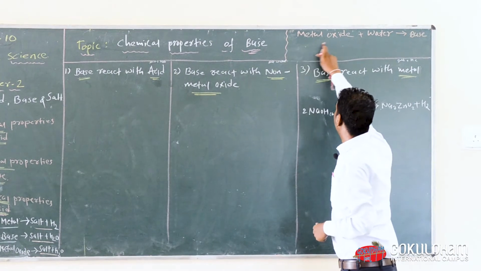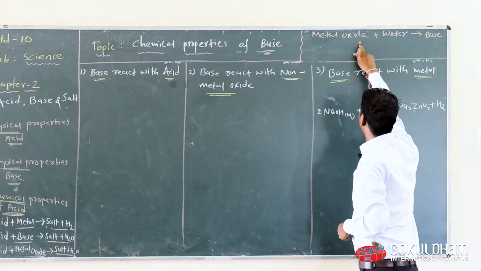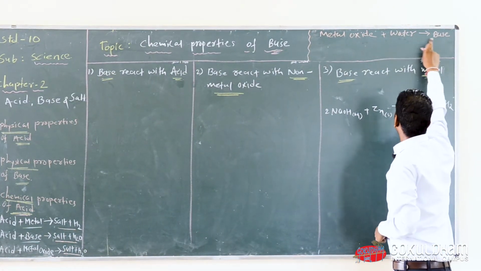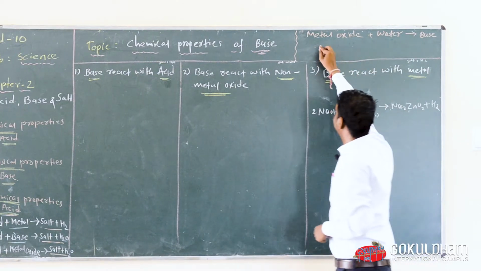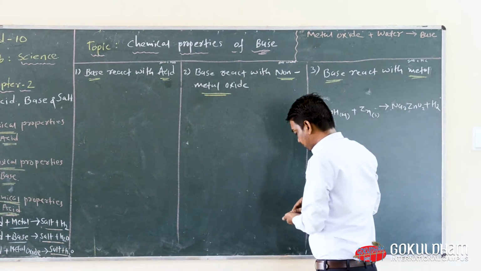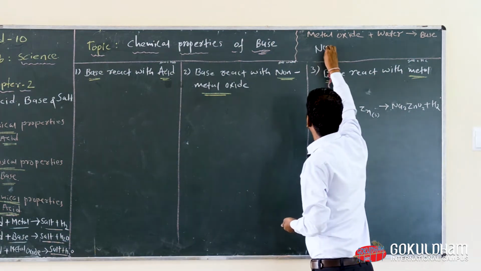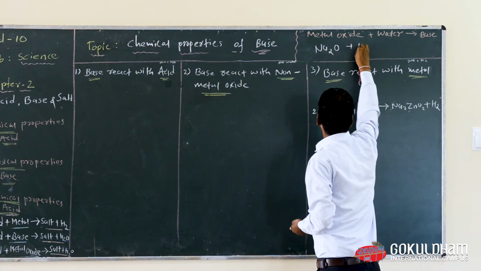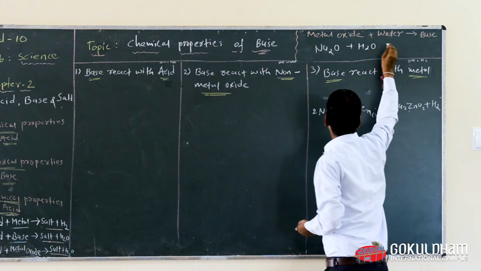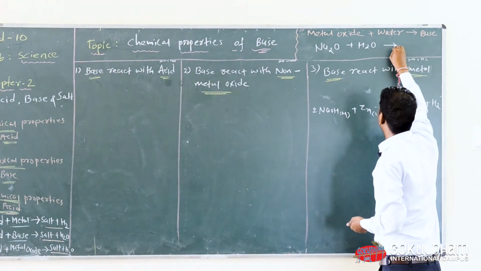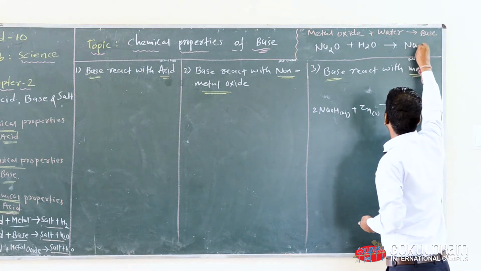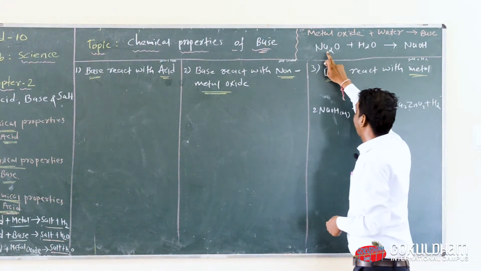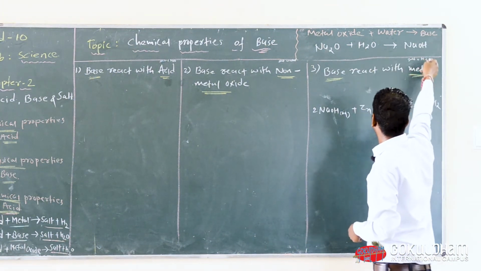When metal oxide reacts with water, we get base. Let's see one example. When we take metal oxide Na2O and react it with water, we get the base NaOH. So when metal oxide reacts with water, we get NaOH.